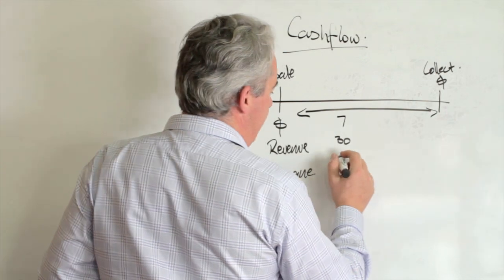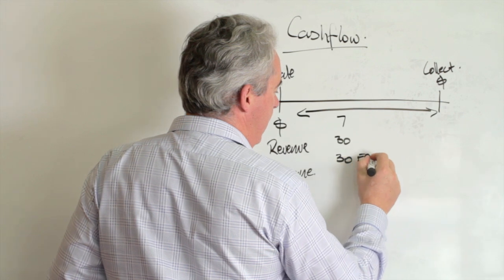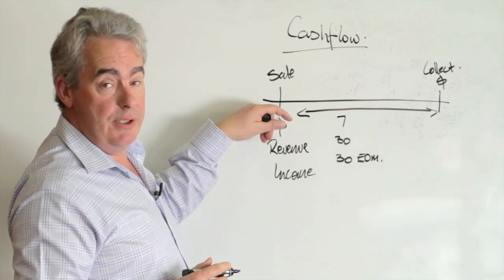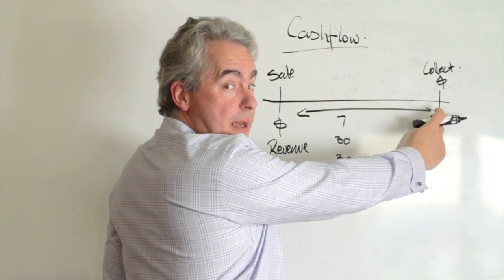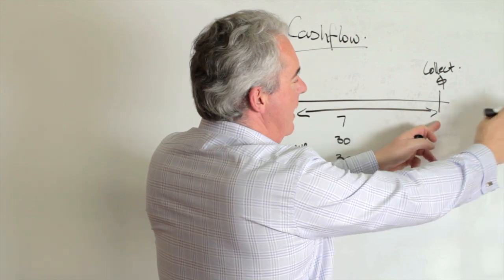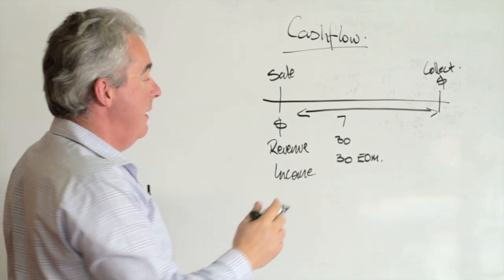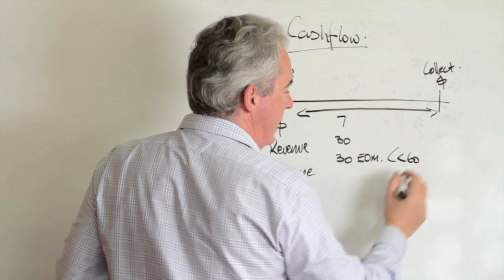A number of businesses work on 30 from end of month, which is, let's say in this situation, we make a sale on the 1st of September. We get to the 30th of September and we then wait another 30 days to collect that revenue. So that can be up to 60 days term.